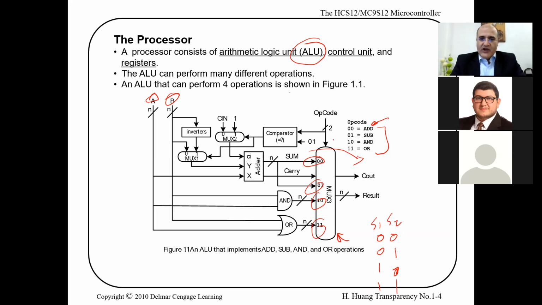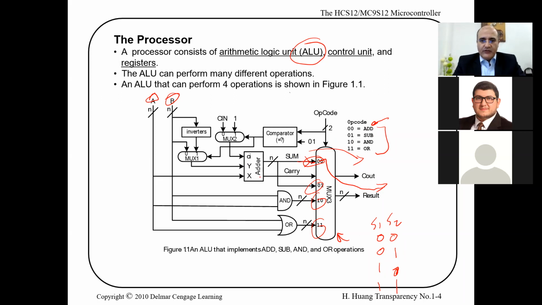So whenever we have a machine code, opcode, that is 0 0, it comes to this select line. That means whatever is at this input of the multiplexer will pass out to the result. It will be connected to the result. So when we put a 0 0 here, this is going to be the result, and add a sum.